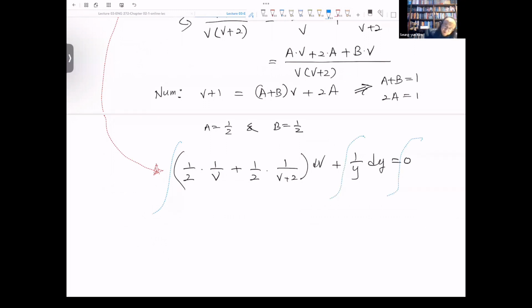everywhere. Okay, so we have 1 over 2 ln v plus 1 over 2 ln (v plus 2) plus ln y equals c.